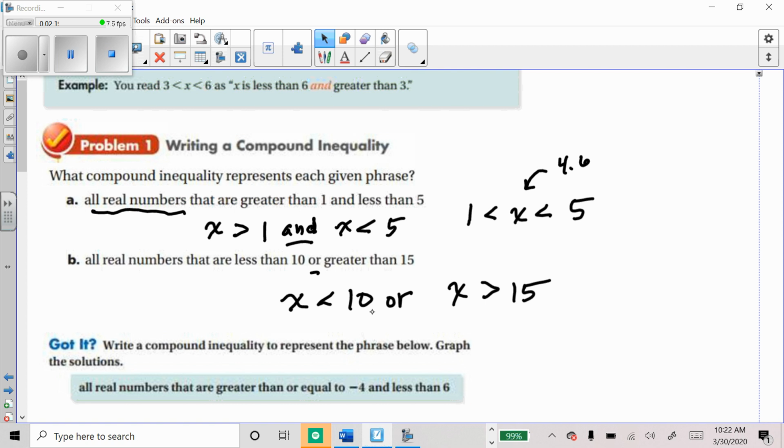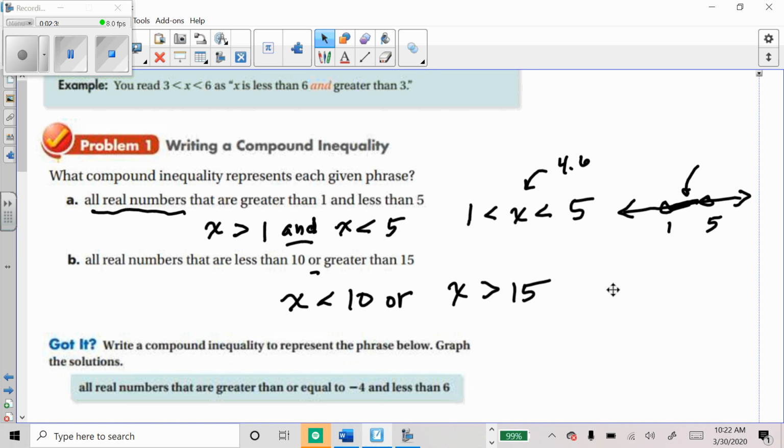Now when we make a number line, you'll notice that distinctly on this first problem, part A, we're going to have numbers that are greater than 1, and then we're going to go all the way up to 5 on the number line. So it'll be numbers in between the two.